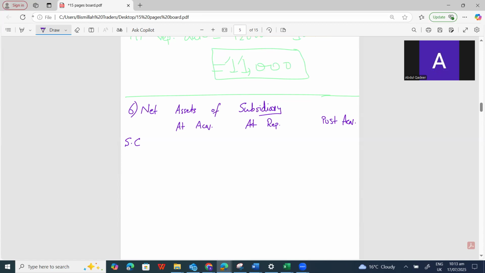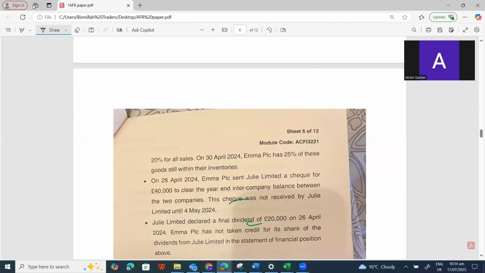Okay, now we see share capital, share premium, retained earning, fair value adjustments, and other reserves. Okay, now let's see share capital, where we can find the individual statement.